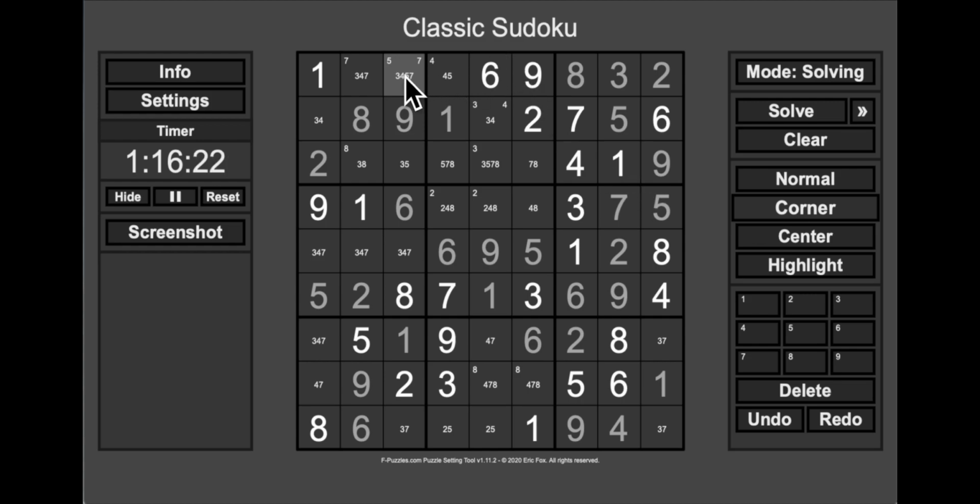And 5, 7 doesn't really help much, does it? Because I can't do anything with 5, 7 there, because that still gives me too many possibilities. Well, maybe I can't. Maybe I can?